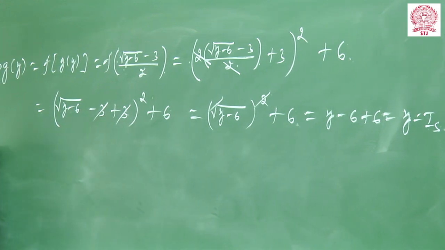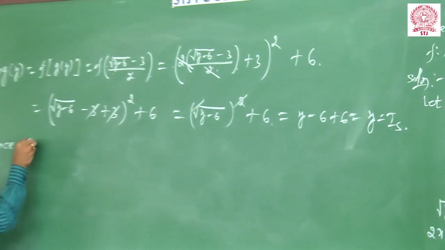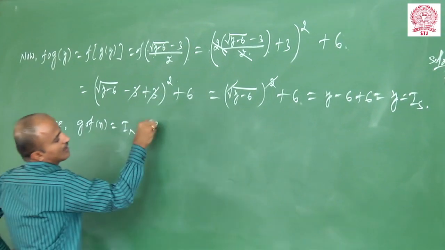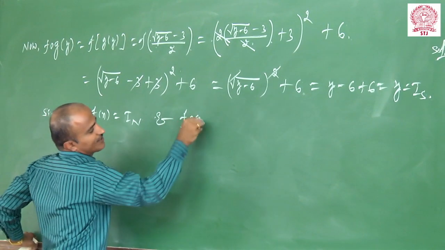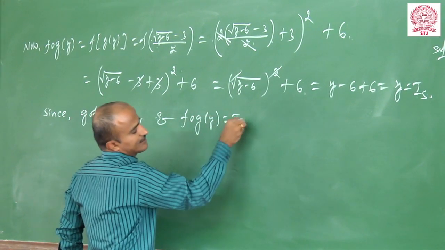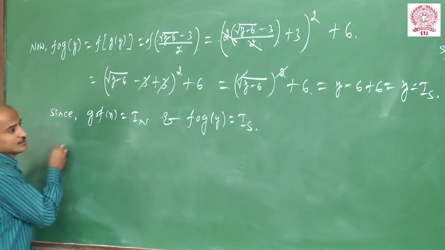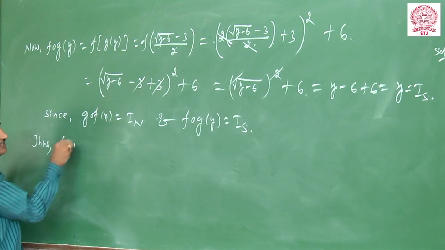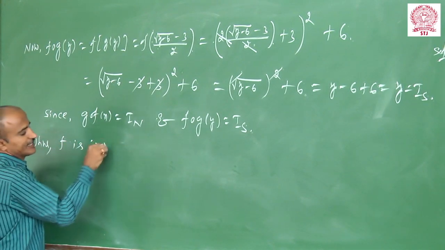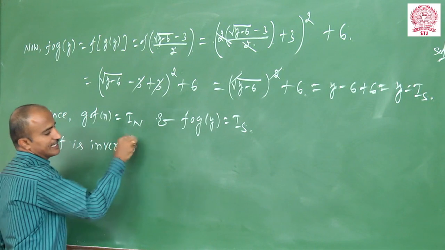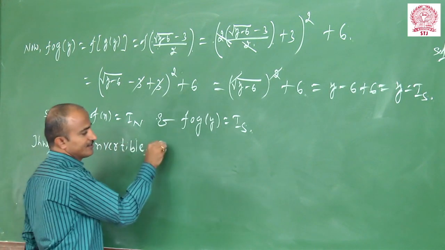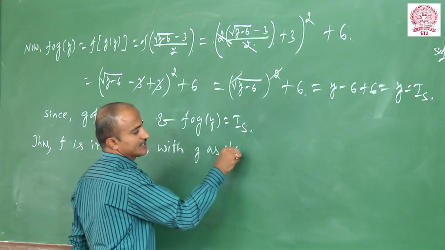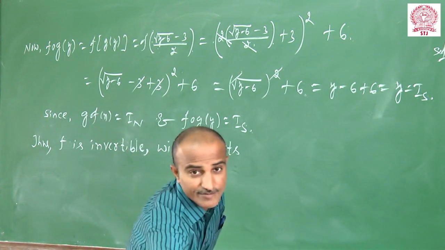Since g∘f of x equals identity on N and f∘g of y equals identity on S, f is invertible with g as its inverse.